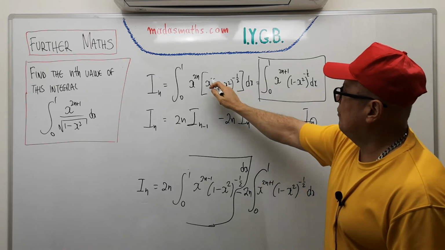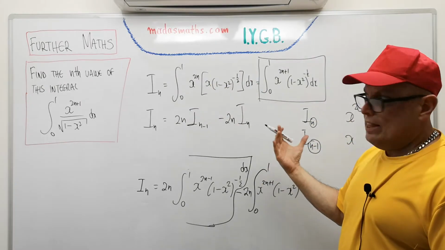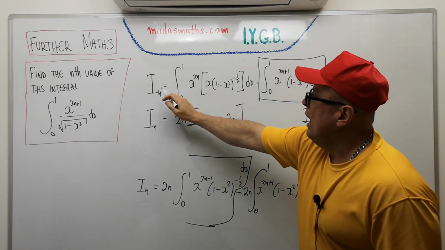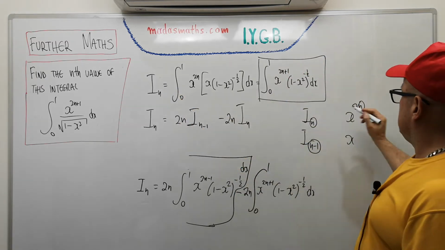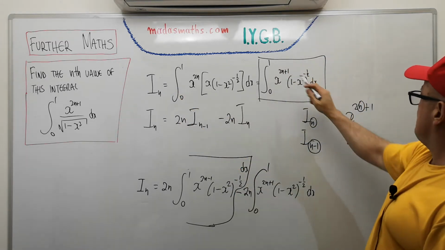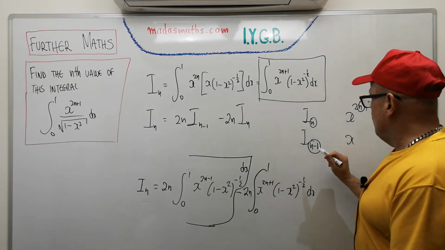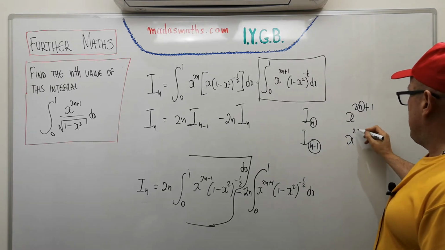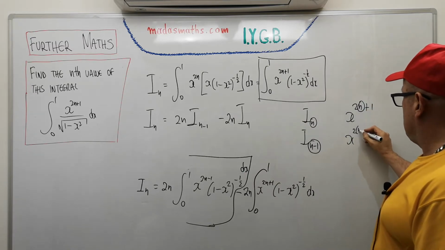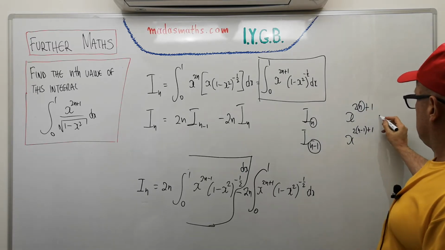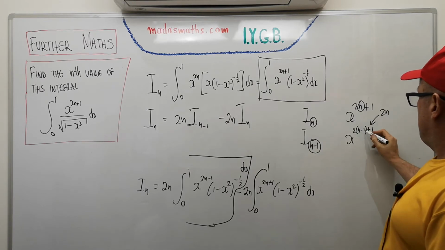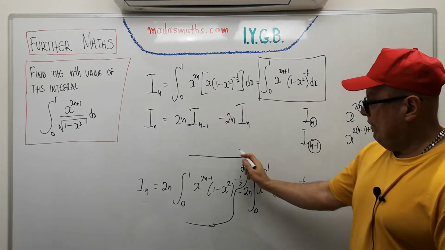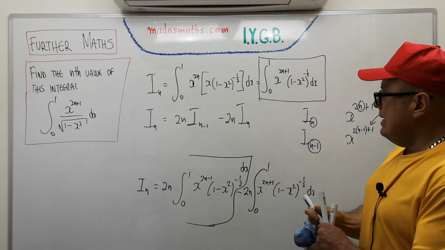It's best to look at the original definition. I_n, little n there, is associated with x here being to the power of 2n+1. Look what happens now when I do I_(n-1). The power of x, we need to replace n with n minus 1. And if you look at what that will simplify to, that will simplify to 2n-2+1, which is 2n-1, which is what we've got in there. And therefore this integral here is in fact I_(n-1).